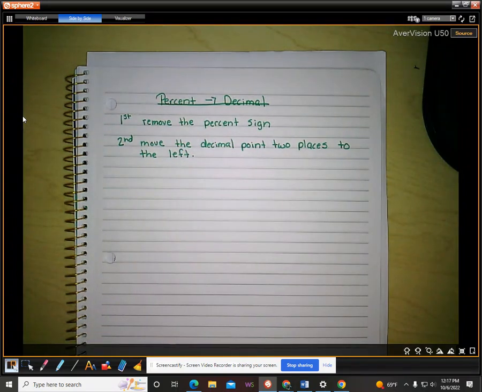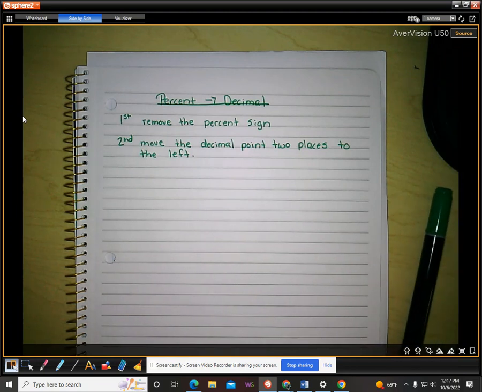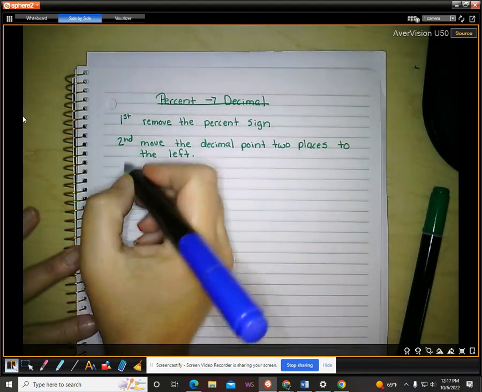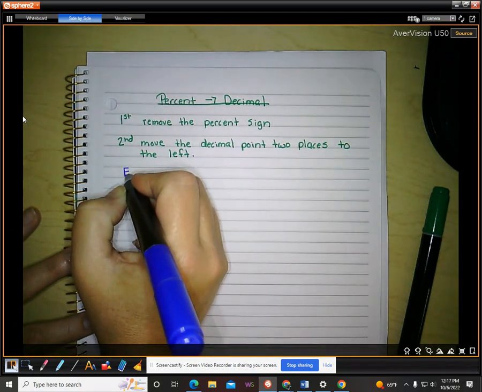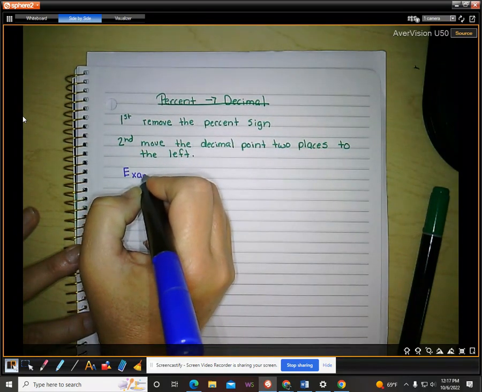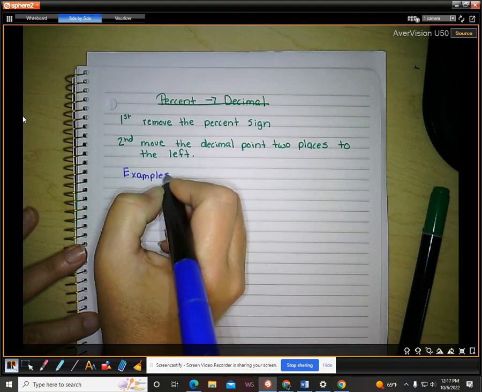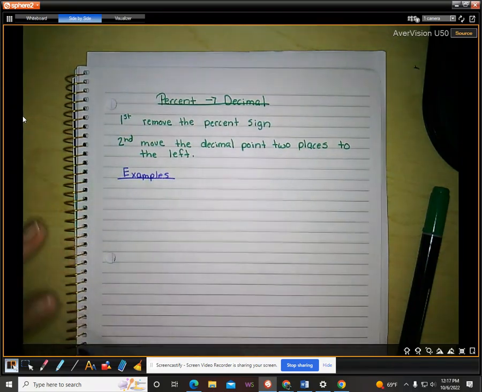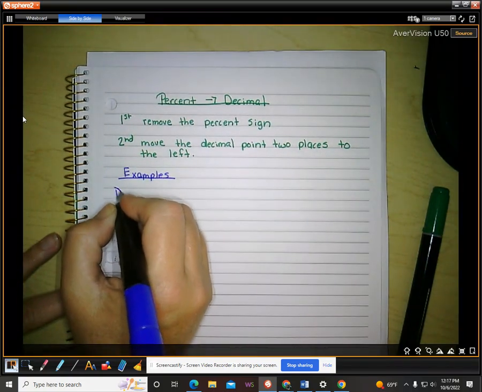Okay, so before when we talked about this, we only dealt with percents that were between 1% and 100%. So today what we're going to look at is percents that are over 100 or percents that are less than 1%. It doesn't change how we solve the problem though. So again, those of you that have good notes may just want to write these examples.